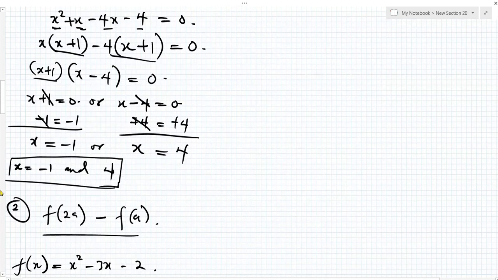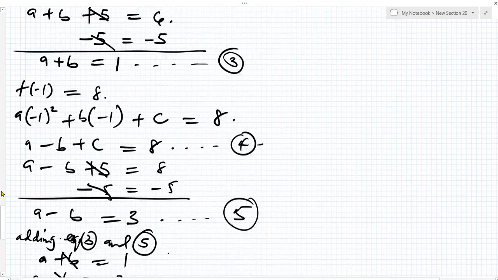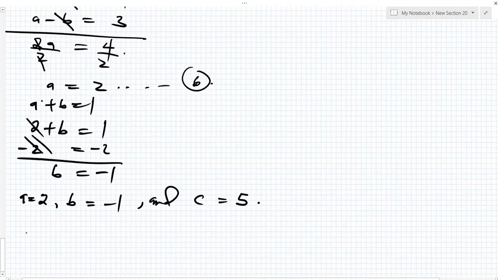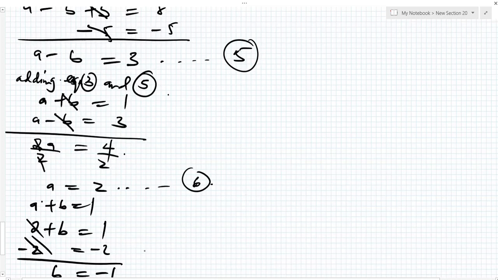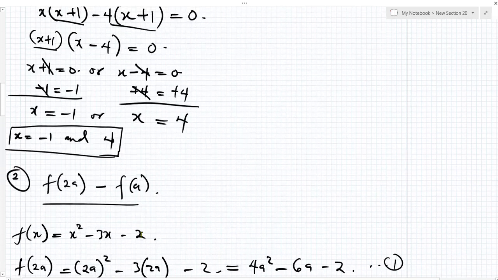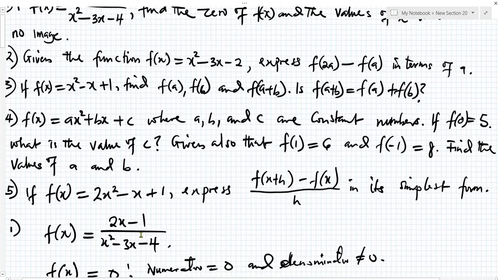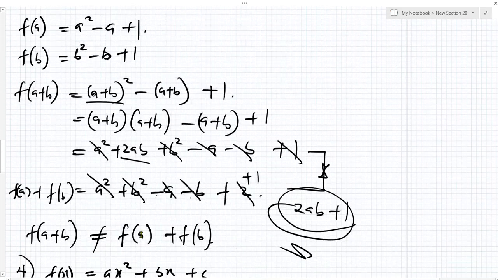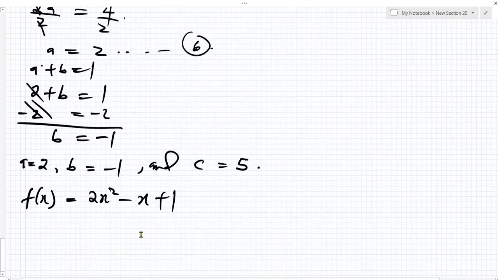So if you have f of x is equal to 2x squared minus x plus 1, let me be sure that is what was given. So okay, 2x squared minus x plus 1.